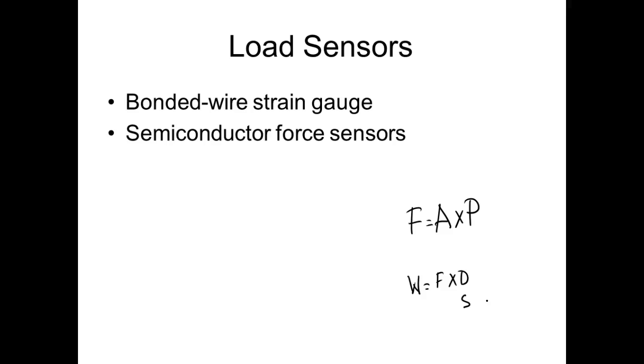No, because the wall is not moving. So what we're doing with a bonded wire gauge is we're basically measuring a force. These guys actually move, even though you can't hardly see them. They're going to compress or do something like that.